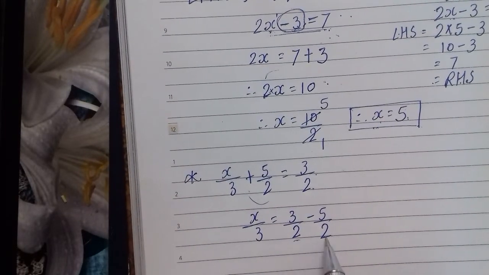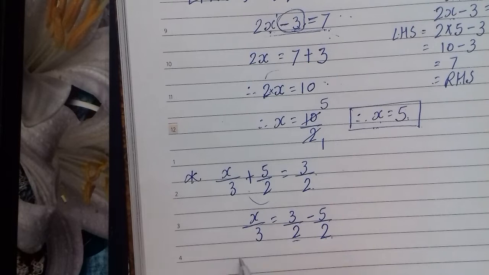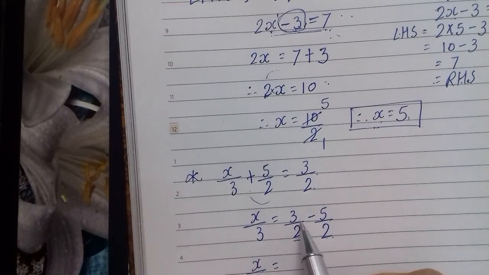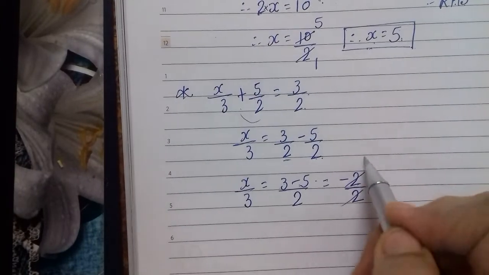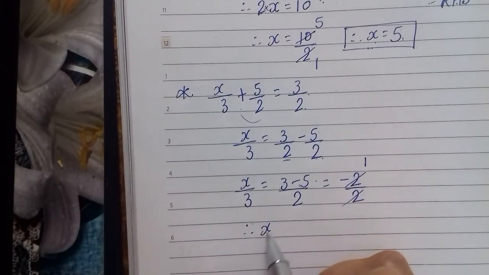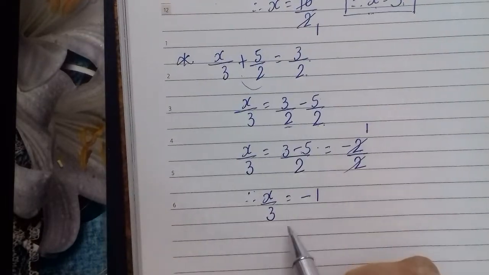Here the denominators are same. So x upon 3 is equal to 3 upon 2 minus 5 upon 2, which is equal to minus 2 upon 2. 2 cut. So x upon 3 is equal to minus 1.